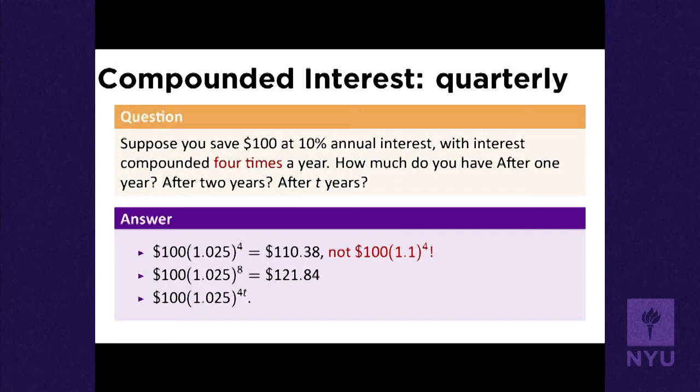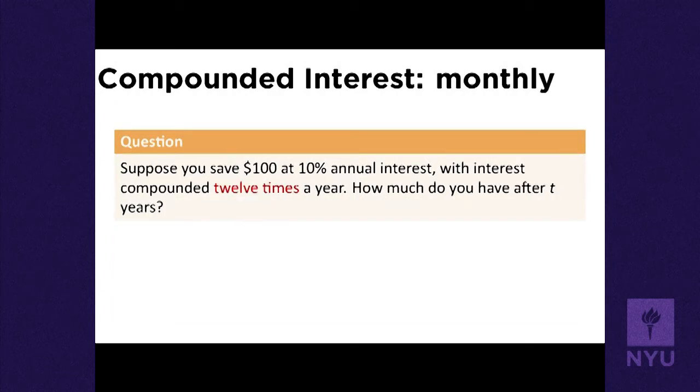Okay? Still with me? All right, so my bank account does quarterly, but you might have one that compounds monthly. So at the end of every month, you get an interest statement. And again, you can ask the question, how much will you have after 1 year, 2 years, or T years? Well, we've already been through 2 of these examples, so maybe you can skip straight to the general.